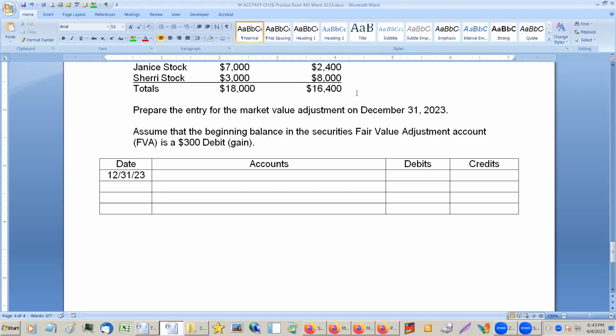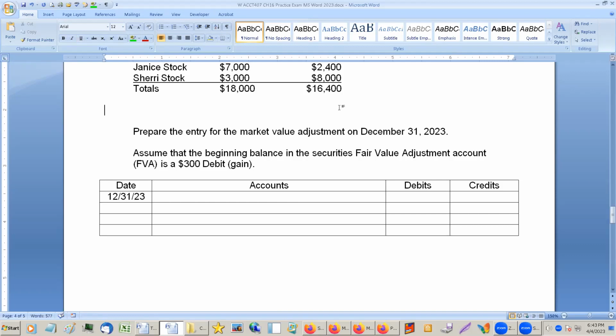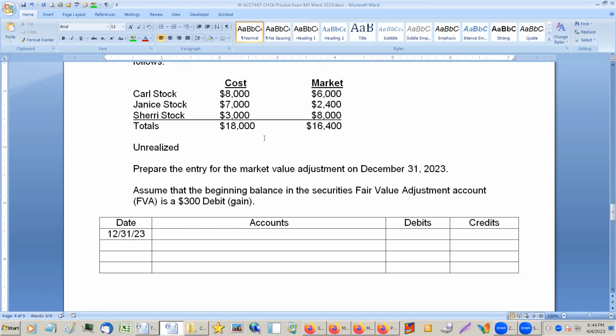Okay, so this is going to be, well, it's unrealized. There's a gain or loss. It's a loss of 2,000.